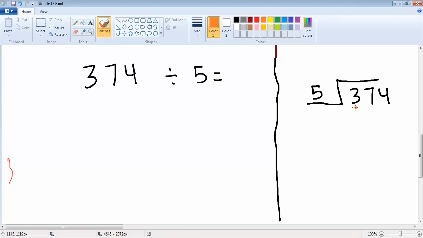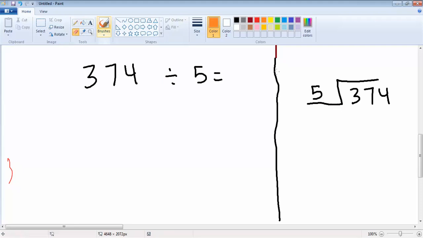Nothing, because 3 is smaller. Can we divide 3 by 5? No, we can't. What should we do? We should take 7 next to 3 to make it 37. Now 37 is bigger than 5, so we can do it. 37 divided by 5 is 7.